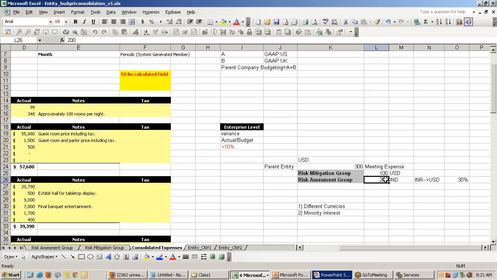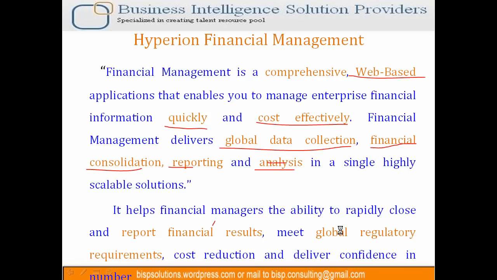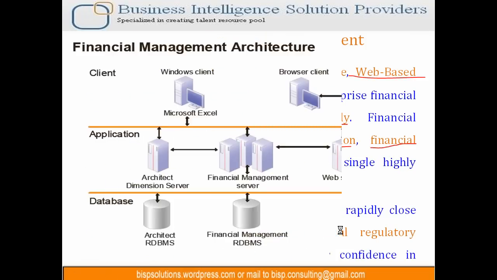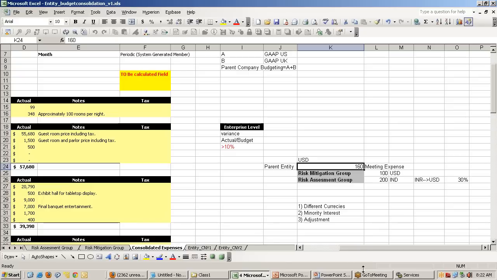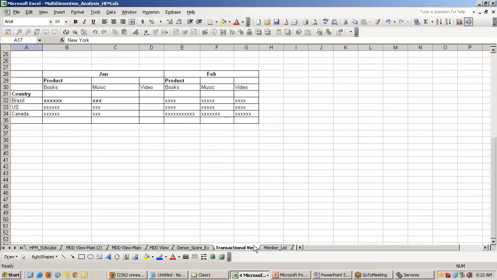HFM is one of them. And then for data integrity and consistency checks, we do FDQM. So when I use the term enterprise level solution, it is one solution from the complete family.